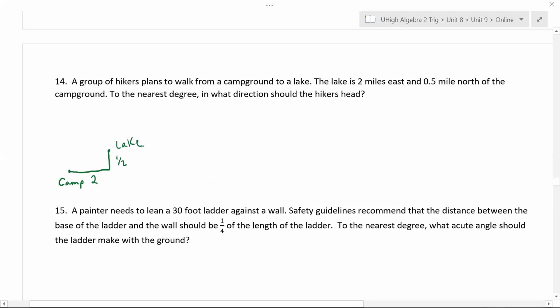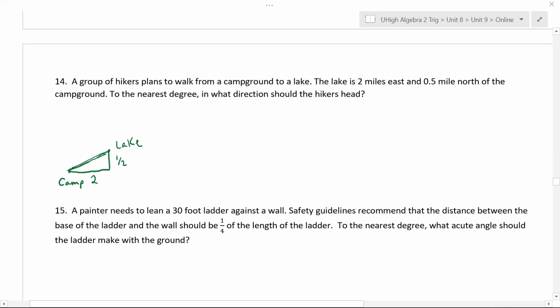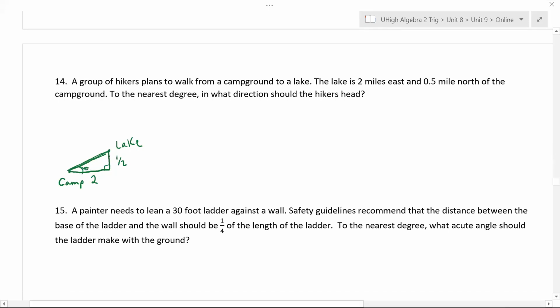So when I'm looking, the quickest way to get anywhere is always on a diagonal. So really what this is asking me is to find what degree I need to make that diagonal at to make the quickest way possible. If I'm looking for this angle here, I'm given my opposite and my adjacent, so I'm going to use the inverse tangent function.